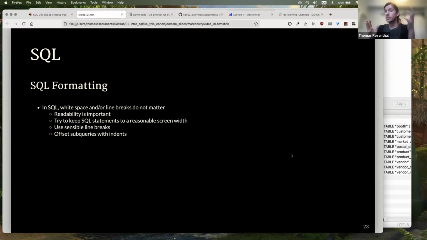You want to include sensible line breaks, and you usually want to offset subqueries, for example, with indents. So you'll see a lot of different small changes that people make as they write this. It's because there's flexibility in exactly how it's presented from a formatting perspective. The syntax is the same. It's just whether or not you include a line break or where you put this comma in relation to that line break, for example.